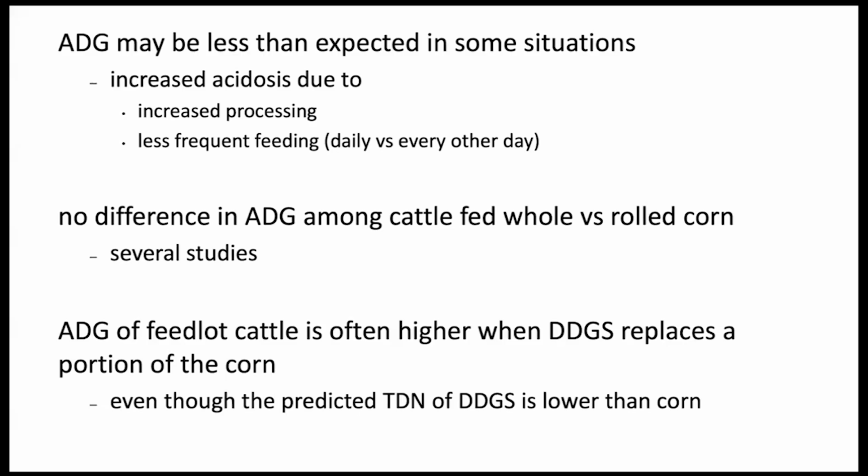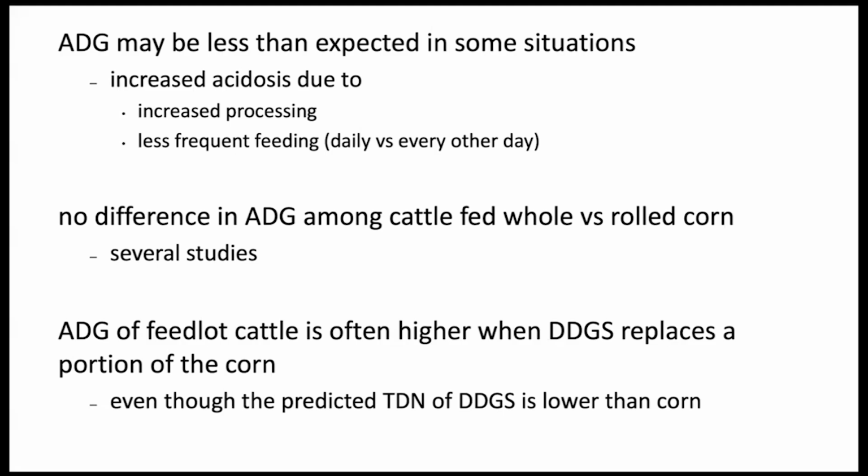The other thing to realize is that sometimes we see lower performance than you would expect based on the TDN of a feed. That's because we may see increased acidosis because we've overprocessed that feed, and so it ferments too quickly in the rumen and drops the pH too much. The animal doesn't perform as well as we would expect, or we're not feeding correctly.